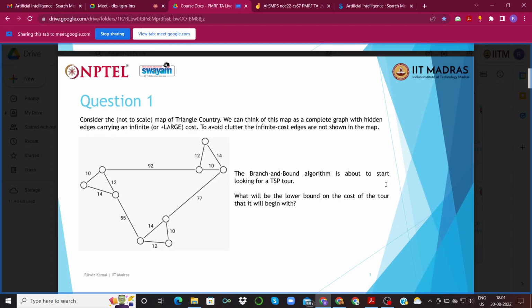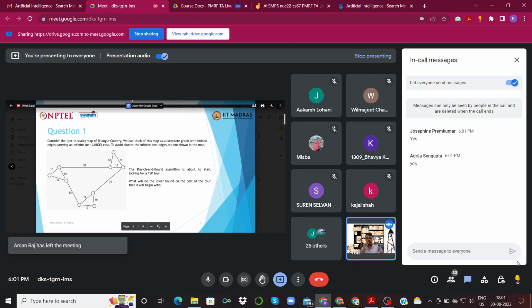Okay, so this is the first question in front of you. Consider this map of, let's say, a country named triangle country, and you can think of this graph as a complete graph. For those who don't know what a complete graph is, it is a graph in which every node is connected to every other node.